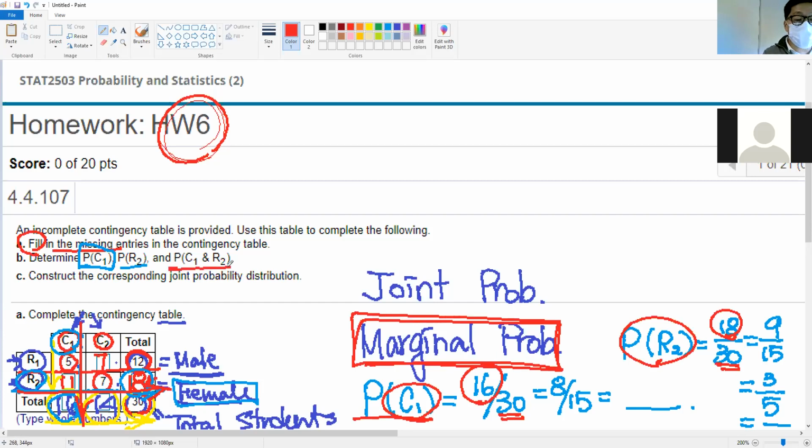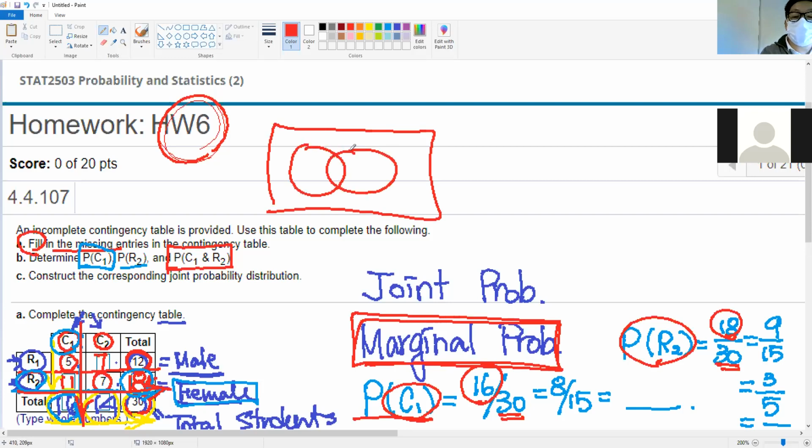Then now the next one is C1 and R2. See, one day we made the Venn diagram, and A and B was in the middle. It's almost the same idea. For C1 and R2, we need the count in the middle, 11.